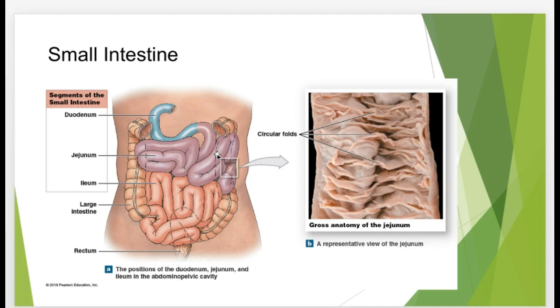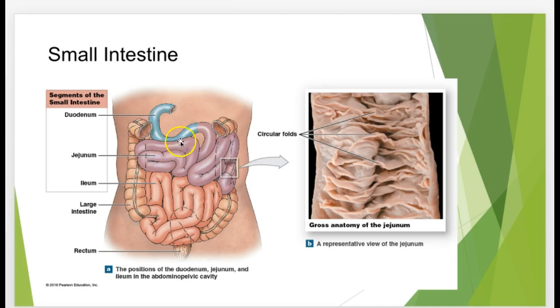And again, motility is done mainly by segmentation here, where we have this mixing and churning of the contents with our digestive enzymes, all in order to get an increase in absorption. And then we also have the migrating motility complex, which deals with the longitudinal muscles, and it helps to bring the contents towards the colon.